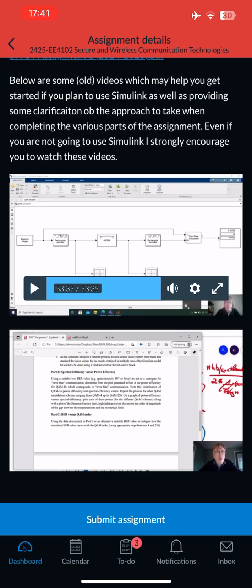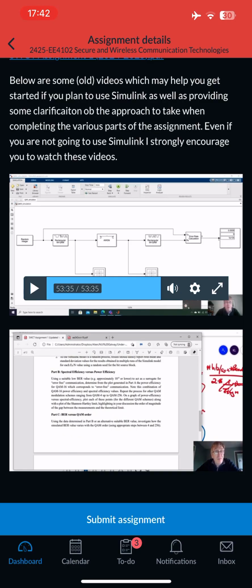Part C is then adapted slightly, because in part C you're investigating how the QAM order varies. Now, you'll have results for that having done part B. You should have results for different BER values for different QAM schemes.